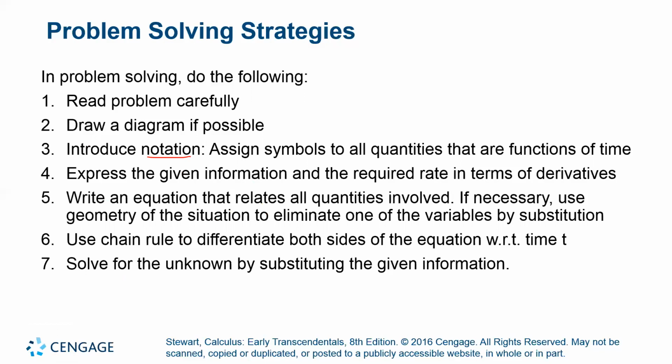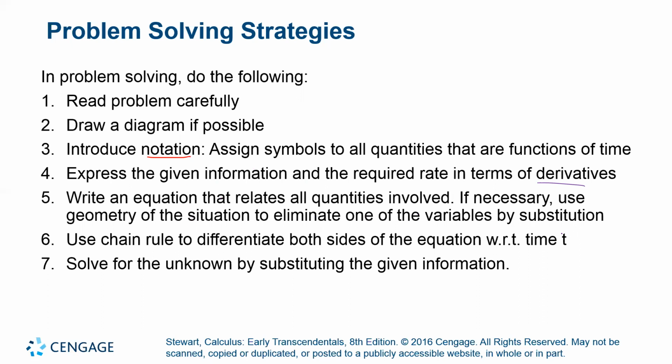After we write the equation, we want to express the quantity as a rate, in terms of a derivative. So once we have an equation, we can differentiate it. Write an equation that relates all quantities involved. If necessary, use the geometry of the situation to eliminate one of the variables by substitution.